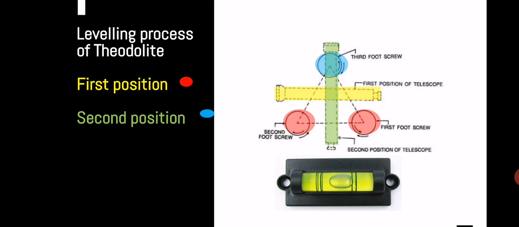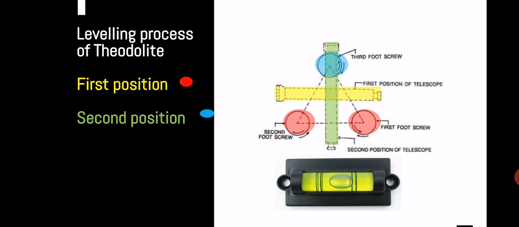After that adjustment of the telescope, we have to operate the 2-foot screws running parallel to that telescope. What we have to keep in mind is that the movement of the screws should be either inwards or outwards.